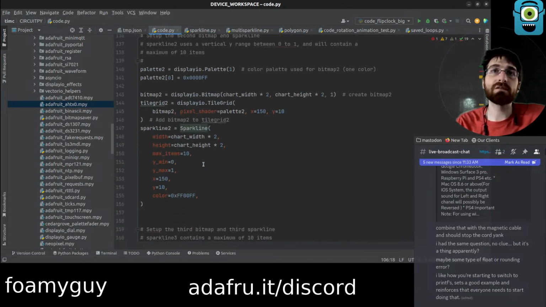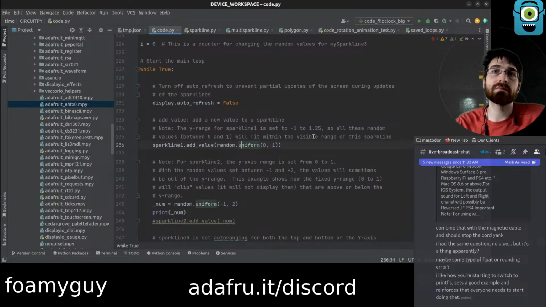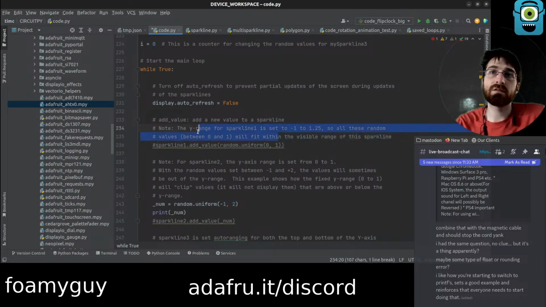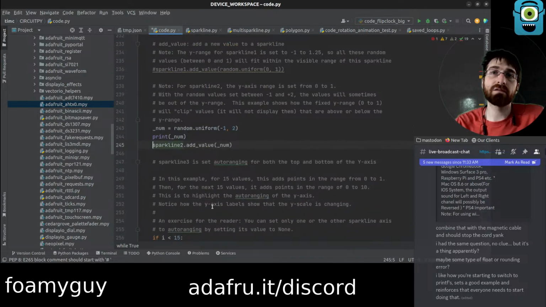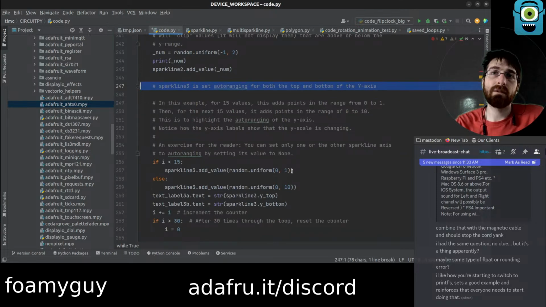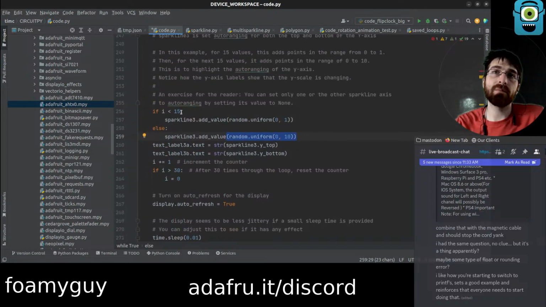Okay, so conversely, let's turn on only sparkline 2. I will say sparkline 2 is the only one so far that I've seen where it's negative. This is positive, 0 and 1. This one allowed negative. These are all going to end up positive.